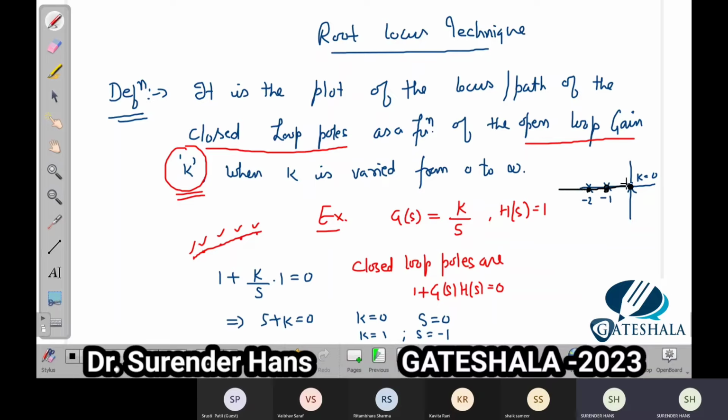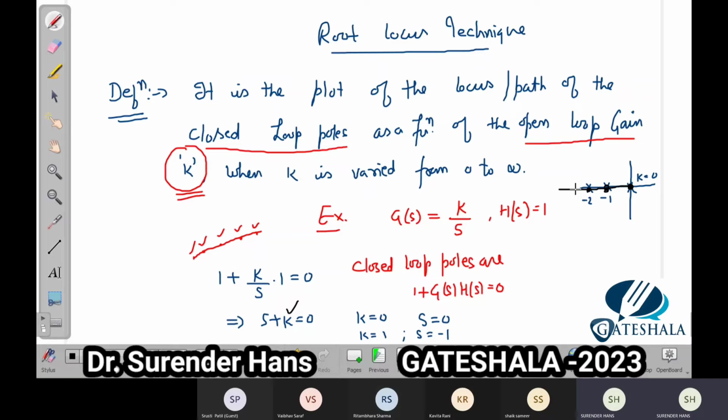If I connect all the points, the locations of the poles, these closed loop poles are a function of open loop gain K, where K is varied from 0 to infinity. That is the definition. If I connect all the closed loop poles, that is my root locus.